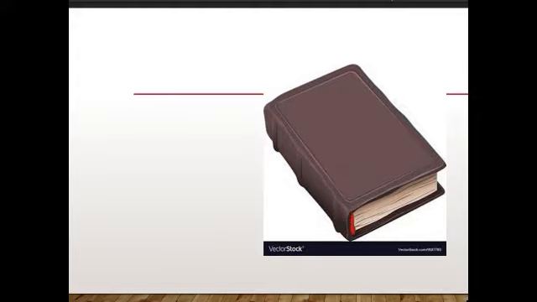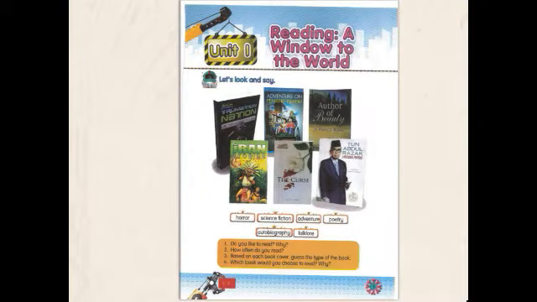Now, put your hand up if you have a book right now. If you don't have a book right now, please take a book. Make sure you have a book, at least for you to do the exercise that I will give later. Okay, now take your textbook. Look at page 1.